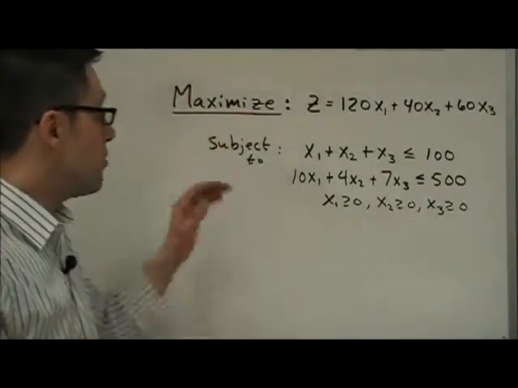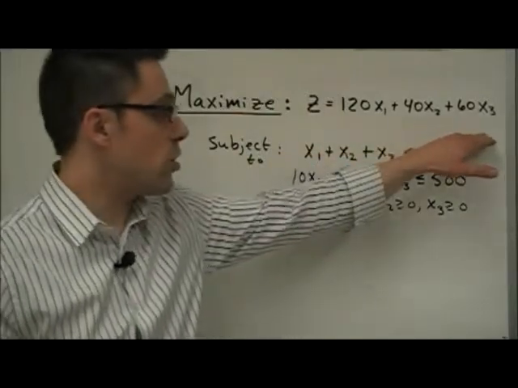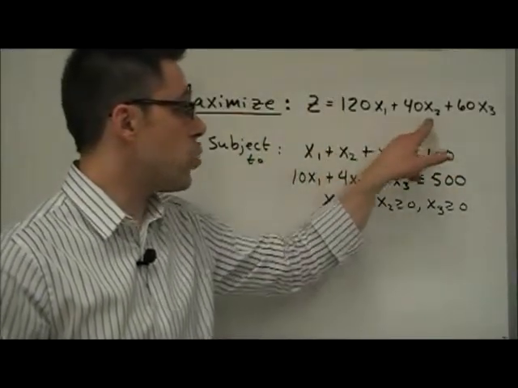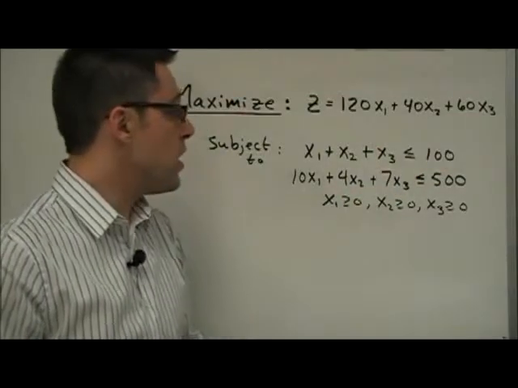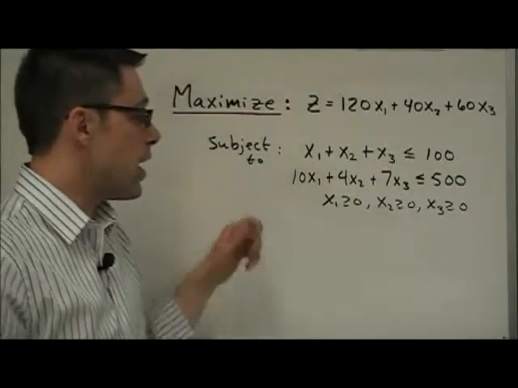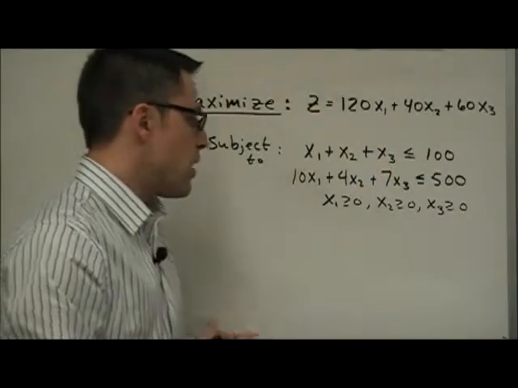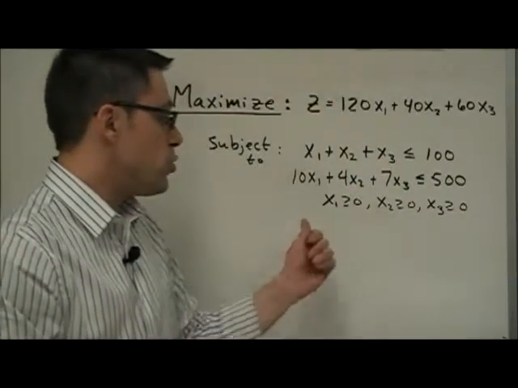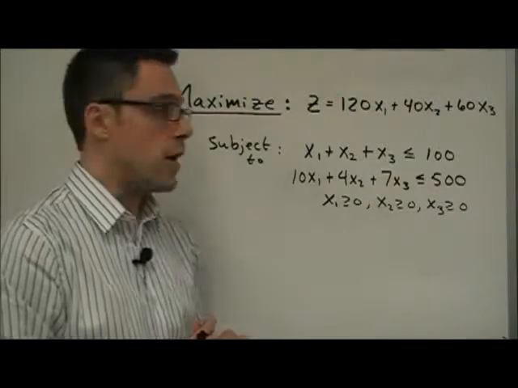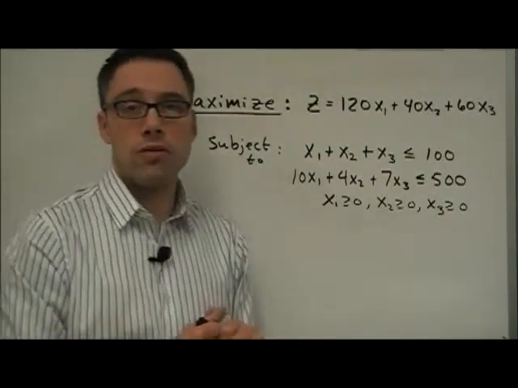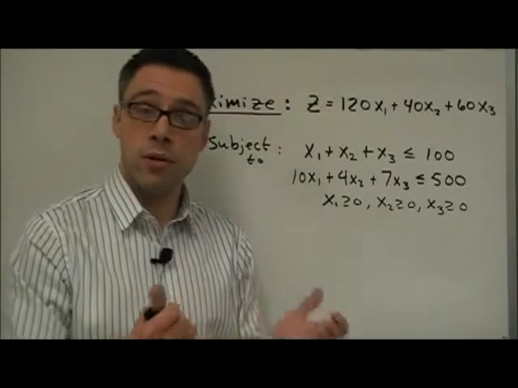I want to maximize this objective function, which is of course a linear combination of 3 variables, x1, x2, and x3, subject to the following constraints, which are just 2 inequalities here. And of course, we have the further constraint that each one of the variables must be non-negative. So this is just like the linear programming problem we've talked about before, except I have 3 variables.